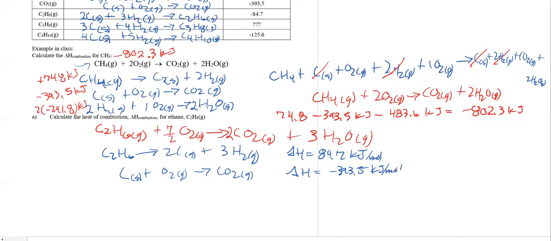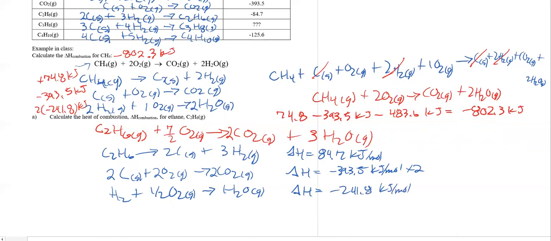It's going in the right direction. I'm going to go ahead and multiply that by 2 because I need 2 CO2s. My water is going to be H2 plus 1/2 O2 going to H2O. Delta H of that is negative 241.8. And then I need 3 of them.